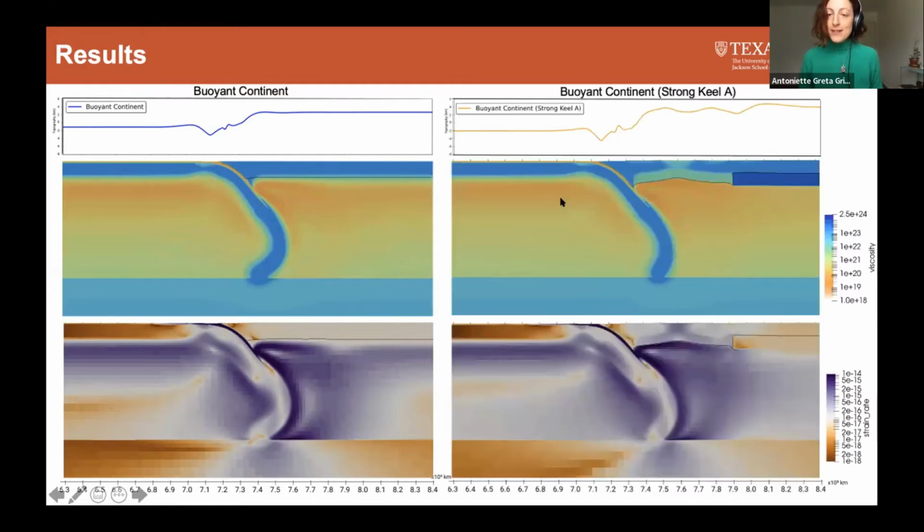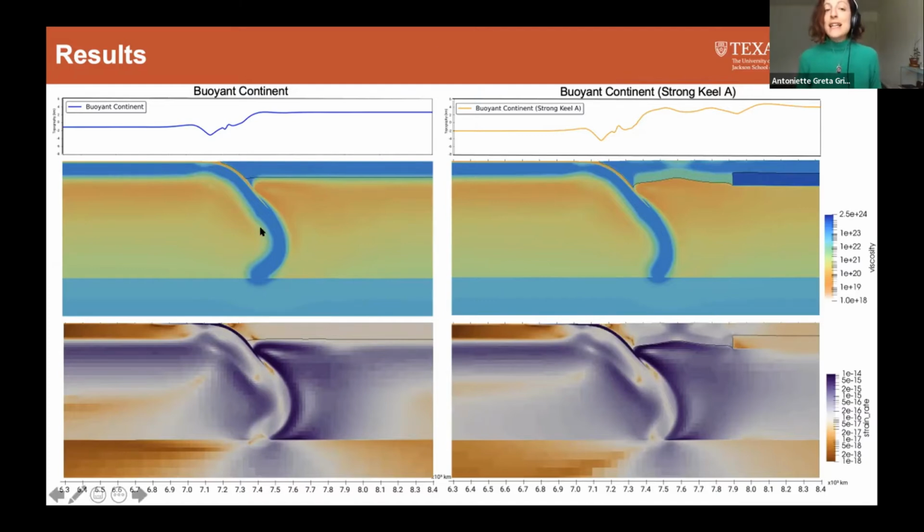On the right, I am showing you the same model, but this time we've introduced some heterogeneity in the form of this high viscosity continental keel. Although the slab morphology looks very similar, the strain rate, the viscosity, and as a result, the topography are also very different.